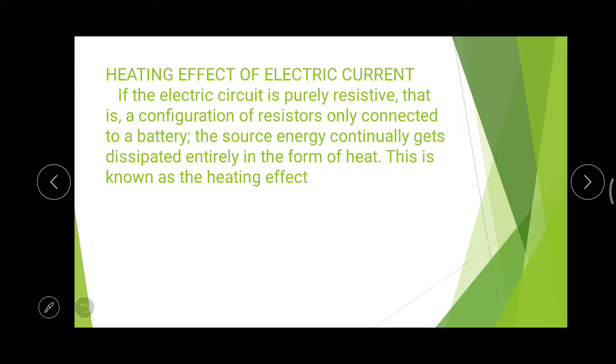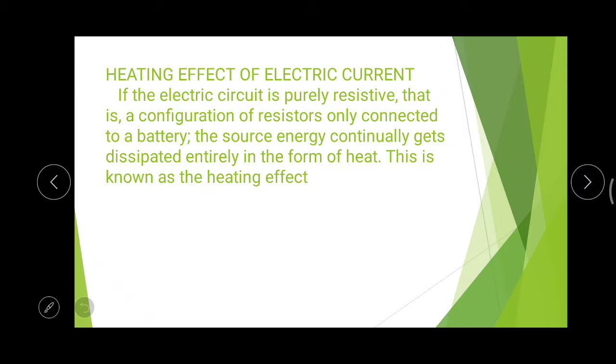So that is one of the very well known examples of the heating effect of the electric current. As well, this heating effect is used in heating coils and the electric iron. In all these cases we are using the benefit of this heating effect.